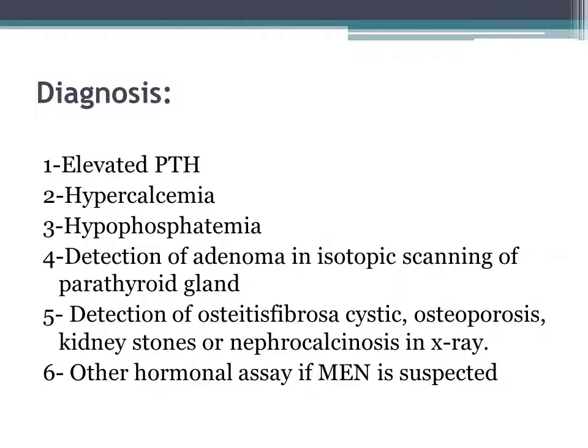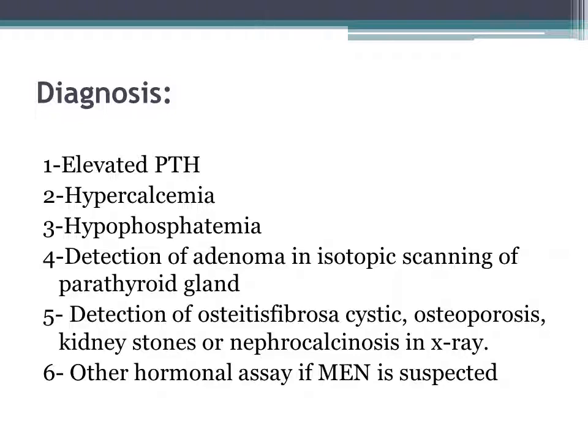After the clinical picture and suspicion of hyperparathyroidism, how to diagnose, or what are the investigations to diagnose a case of hyperparathyroidism? First of all, in primary and tertiary and familial, there will be elevated PTH, hypercalcemia, hypophosphatemia, and there may be detection of adenoma in isotopic scanning of the parathyroid gland.